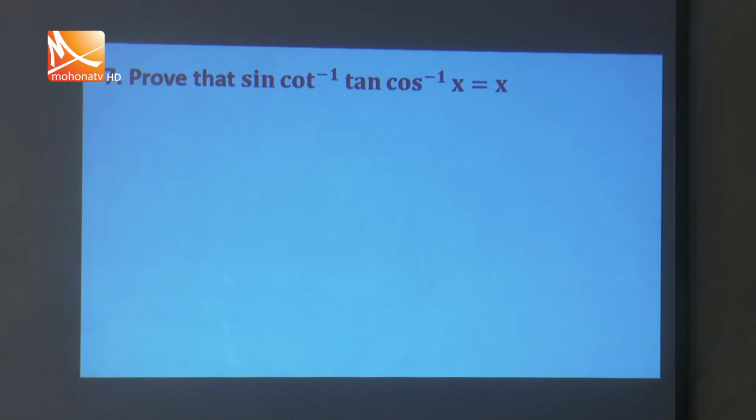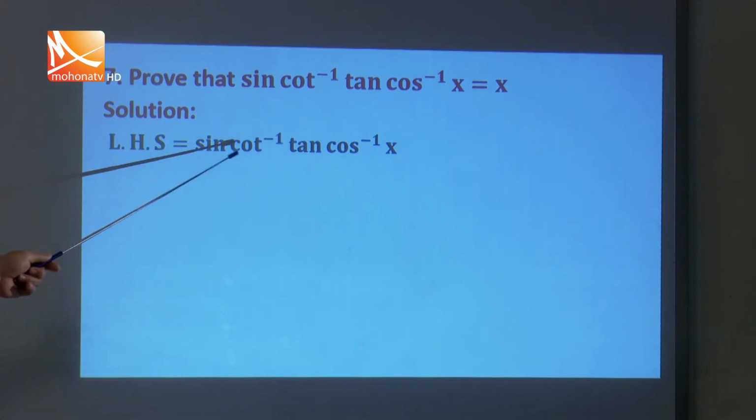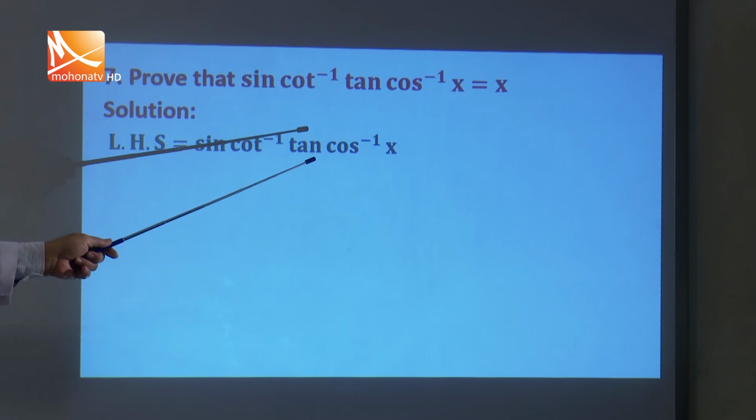Okay. Now we are going to see another problem. Dear student, prove that sin of cot inverse of tan of cos inverse x equals x. Okay. You just see the solution of the problem. Left hand side, sin cot inverse tan cos inverse x.